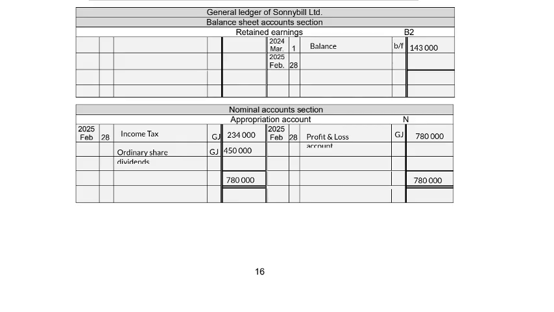So our balancing figure, which goes to the retained income account, also general journal, would be 96,000.